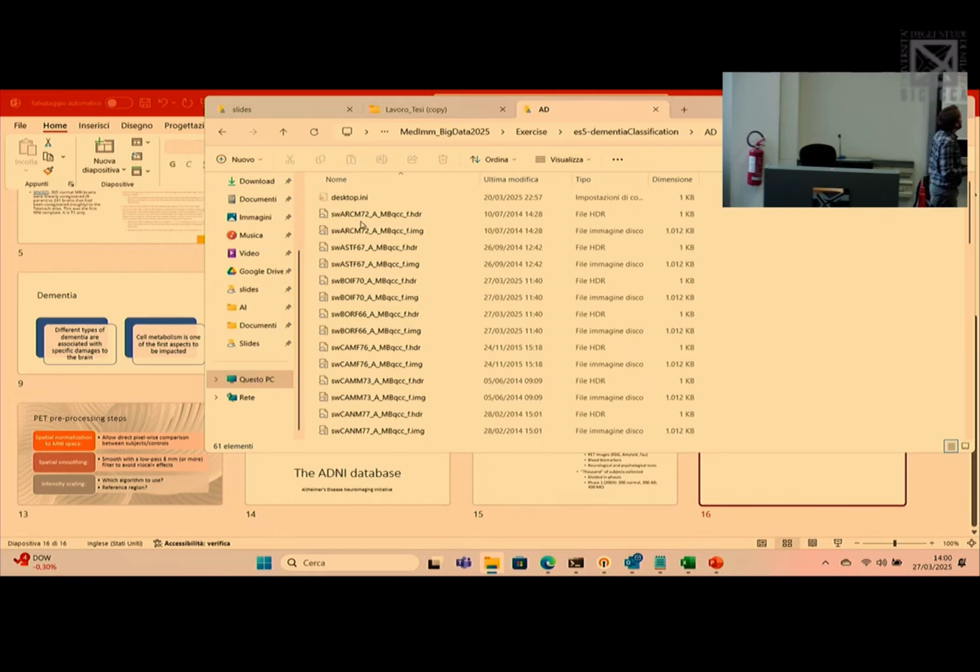And the letters S and W at the beginning are a neuroscience convention, which means that this data have been warped to the MNI space and smoothed with an 8mm kernel. So these images are images on which you can already do the t-test that I've shown you before.